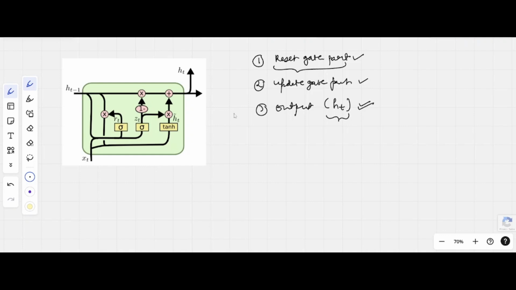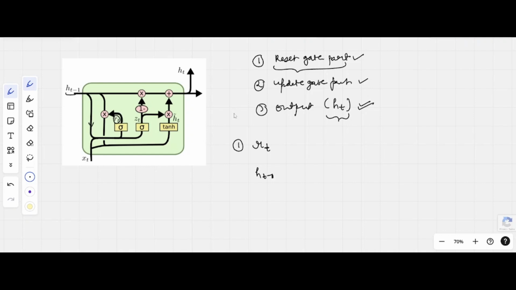So the first step that happens here is that we find what RT is. So this is our RT. I'm highlighting it here. And how are we getting it? We are getting it through two inputs. The first one is this HT minus 1, that is the previous hidden state.